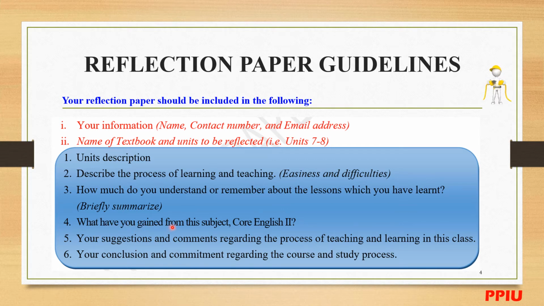Okay. And the next part is about what you have gained from the subject, Core English number 2. Just tell me what you have learned from Core English number 2.